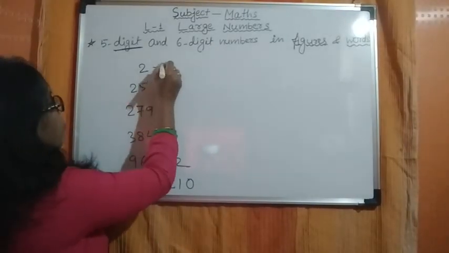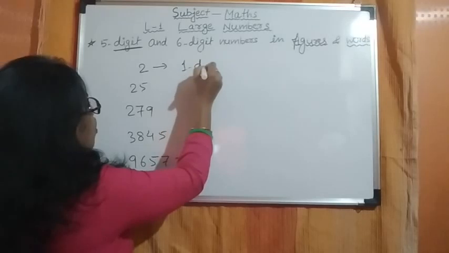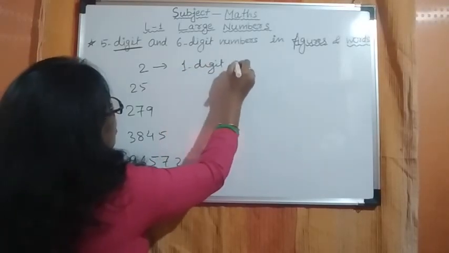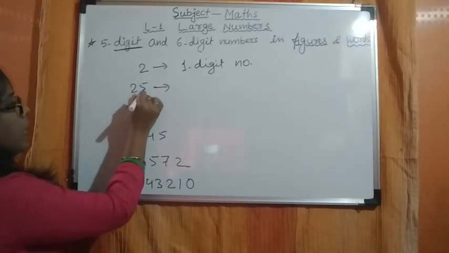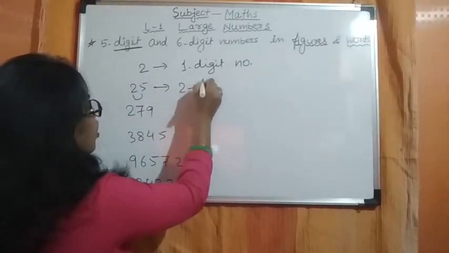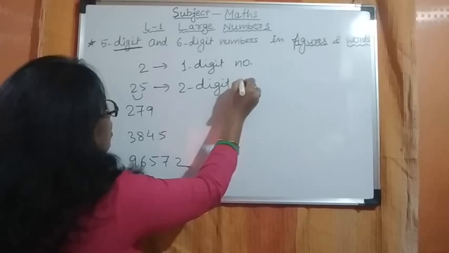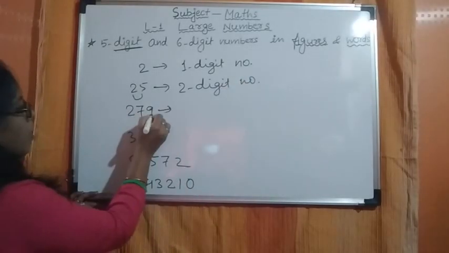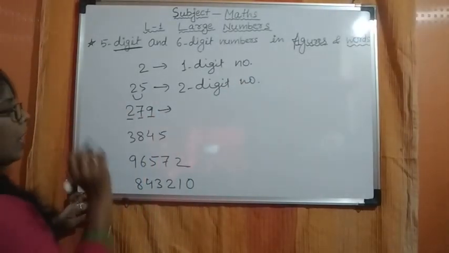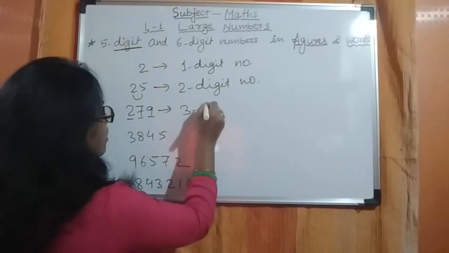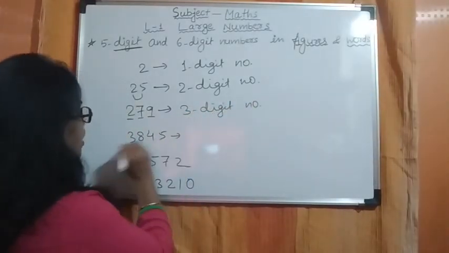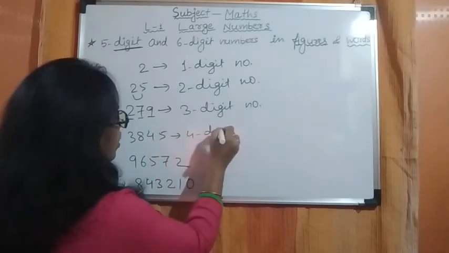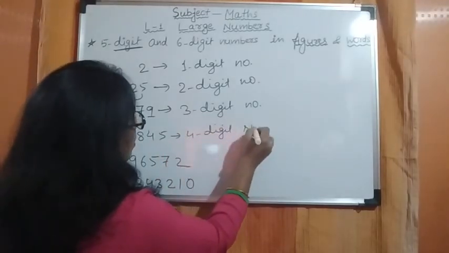Here only one number is there, so this is called a 1-digit number. Here two numbers, 2 and 5, so it is a 2-digit number. Here 1, 2, 3, three numbers are there, so we can say 3-digit numbers. Here there are 4, so 4-digit numbers.